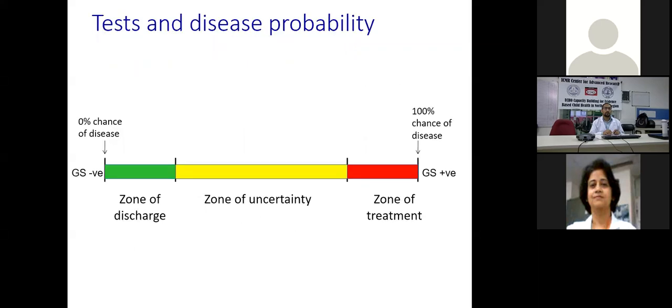Now you must get this graph into your heads because it's going to come again and again in this talk. And it's very important to build this concept right in the beginning.